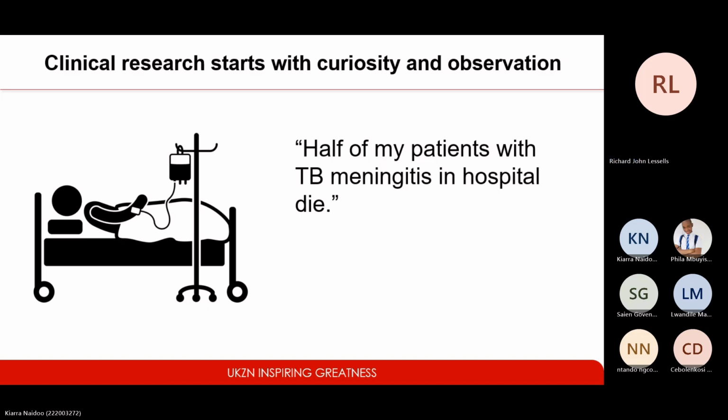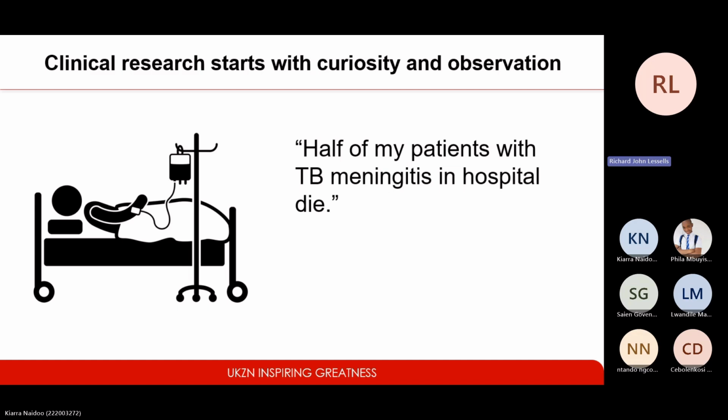So let's say I'm working at the hospital here and I'm getting frustrated because lots of my patients with TB meningitis are dying. I keep noticing that despite what we think we're doing right, giving the right treatment, doing the right things, people are still dying. So I'm curious, why is this happening?